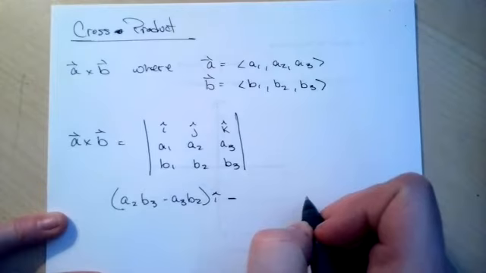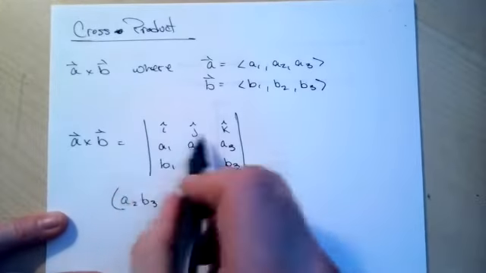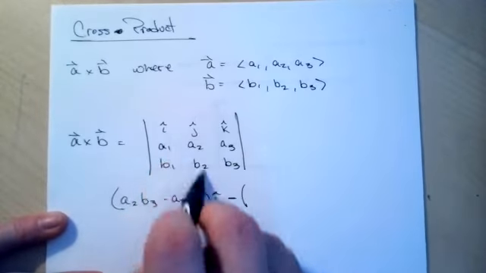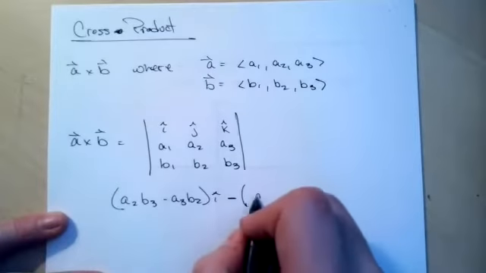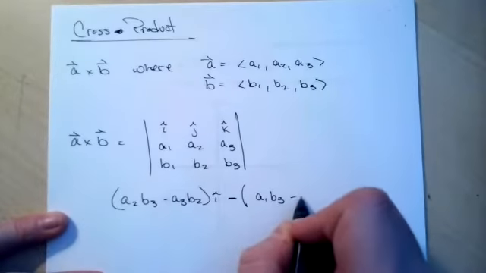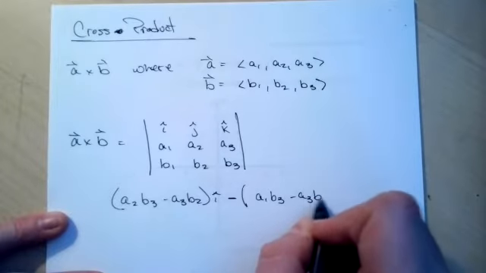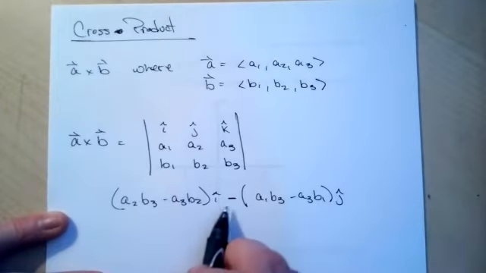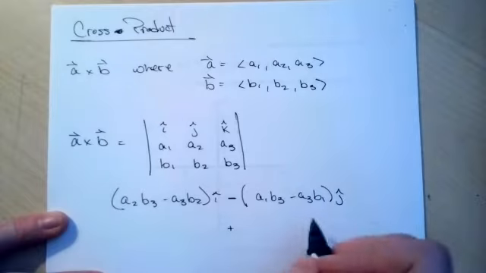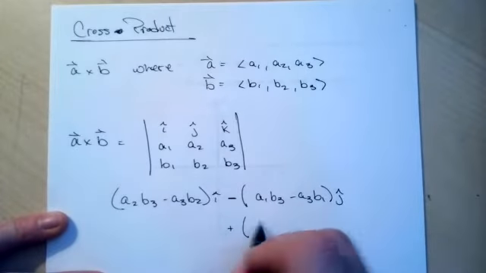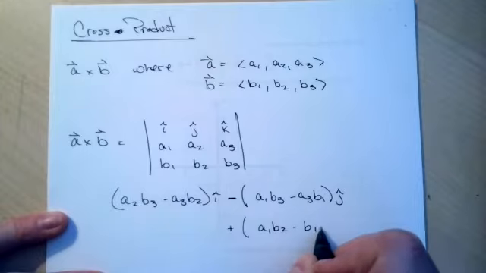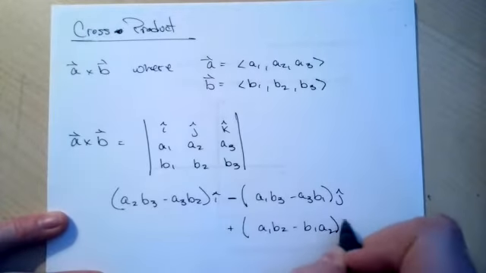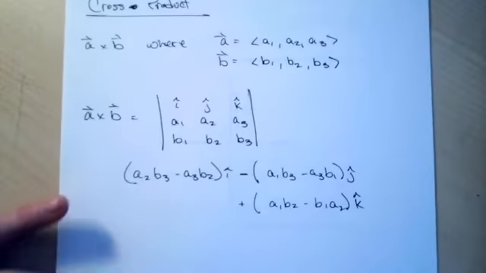It's going to alternate. Remember, our determinants are alternating signs. So when we have our J coordinate, it's going to be the determinant when we remove the top row, middle column, we will have A1, B3 minus A3, B1 in our J with our extra minus sign. And then our last coordinate plus A1, B2 minus A2, B1 in our K hat direction.